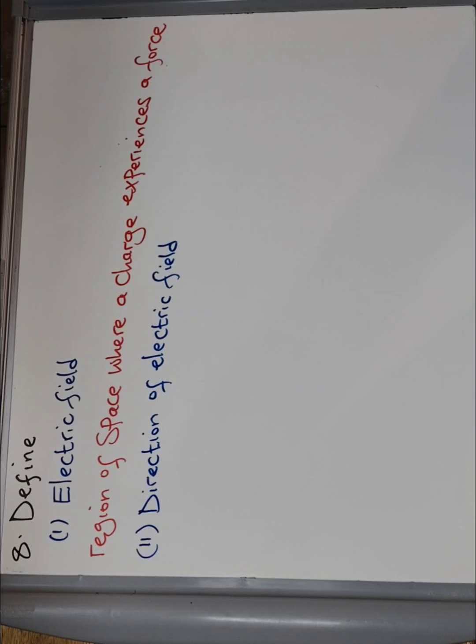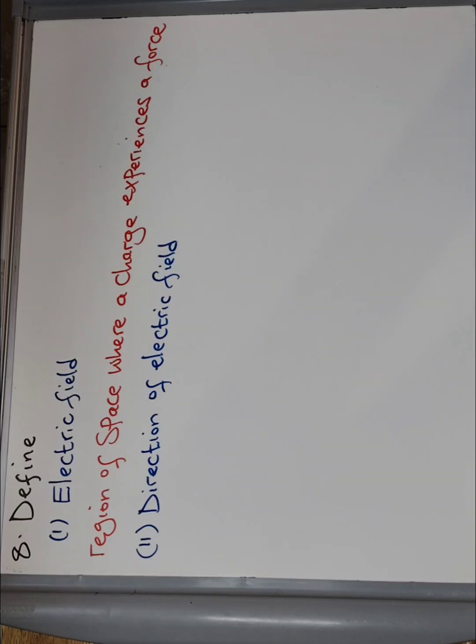So then comes this question. It says, define direction of electric field. So what is it? Direction of electric field is the direction of the force exerted on a unit positive charge placed at that point in electric field.